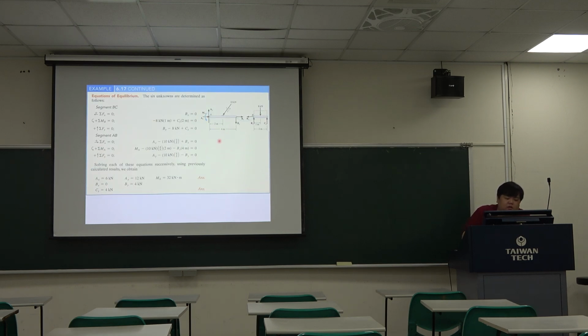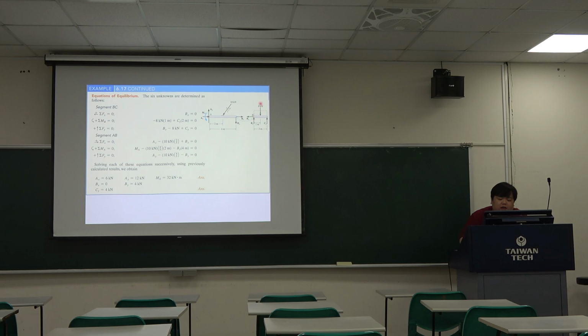Then we focus on the member BC first. We do the summation Fx equals 0, so Bx is equal to 0. And we put the moment point at point B. Then we do the summation MB equal to 0.